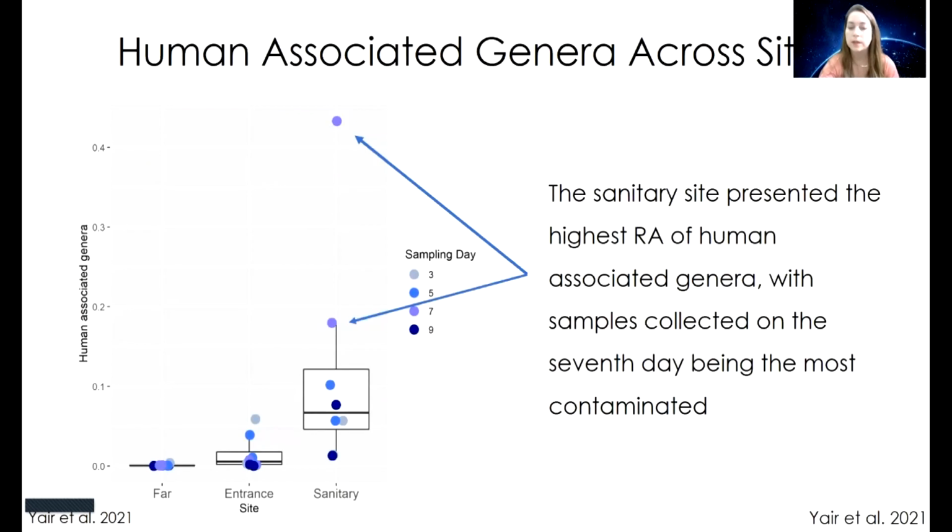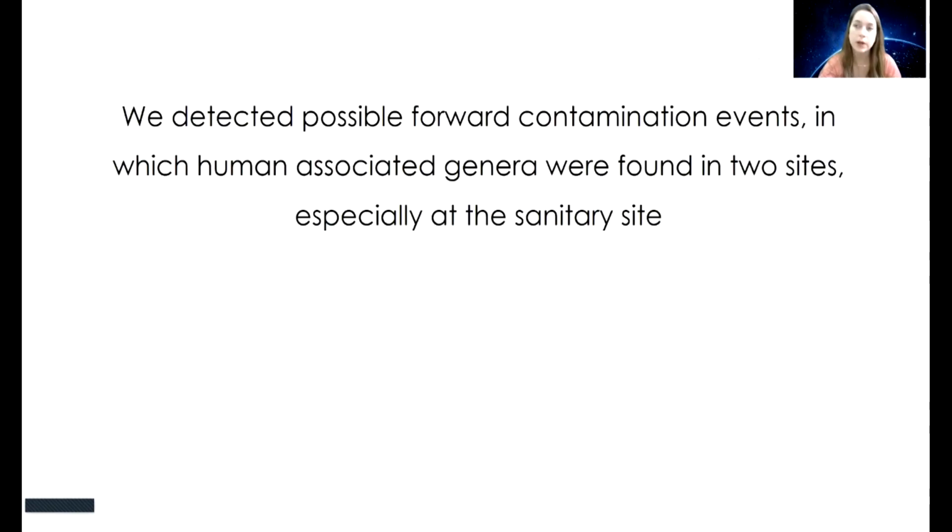The entrance site was less contaminated, but still had higher relative abundance of human-associated genera as compared to the far site, which presented very low to non-existent level of contamination. To summarize this part, we were able to detect possible forward contamination events in which human-associated genera were found in 2 sites, especially at the sanitary site.